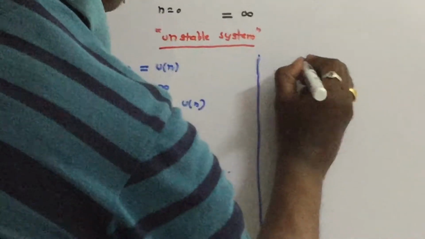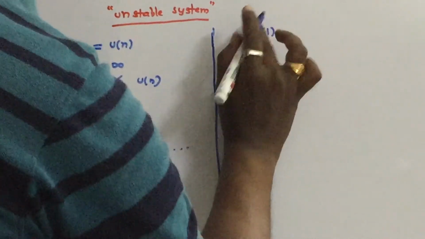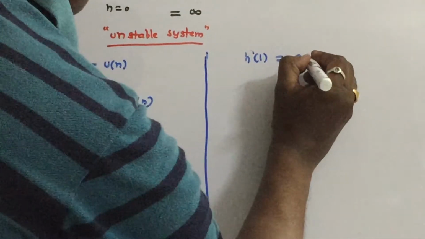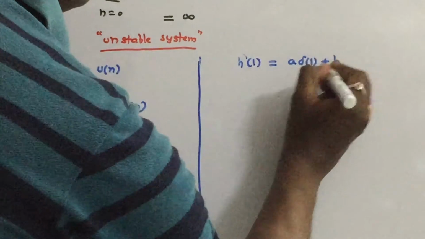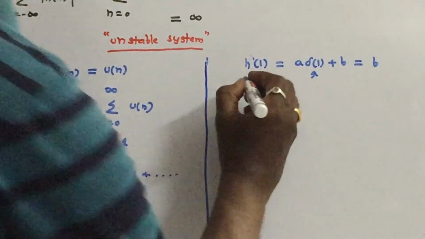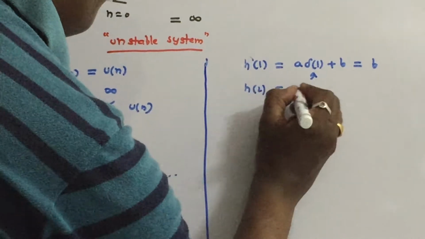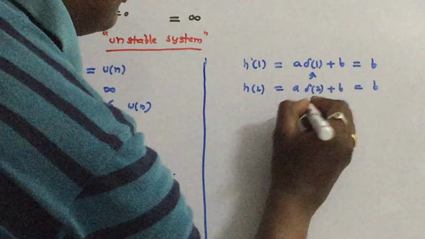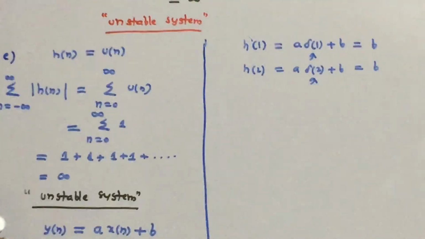For example, h of 1: a into del of 1 plus b. Del of 1 value is 0, so the answer is b. Similarly, h of 2 is a into del of 2 plus b, so the answer is b, since del of 2 value is 0.